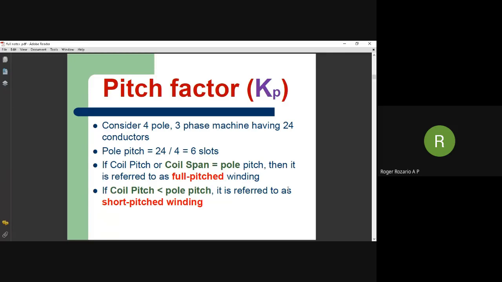Before going into this pitch factor and distribution factor, let me show you an animation of how this winding is formed.